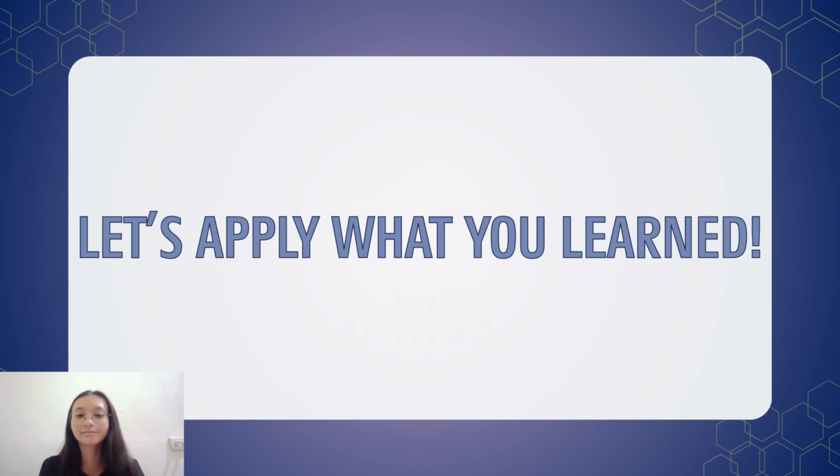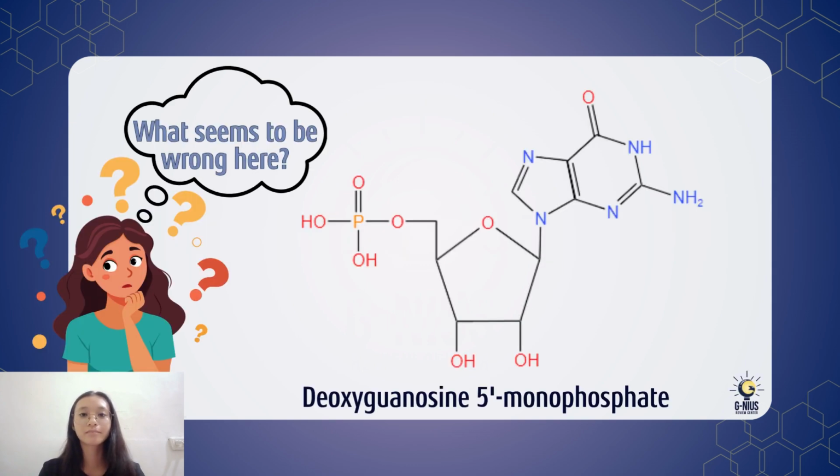So we have another activity where we apply what we've learned, and I will be asking you what's wrong with the naming of the nucleotide. So here is your structure. Now, what seems to be wrong with the name? If you guessed deoxy, then you are correct, because deoxy shouldn't be there in the name.